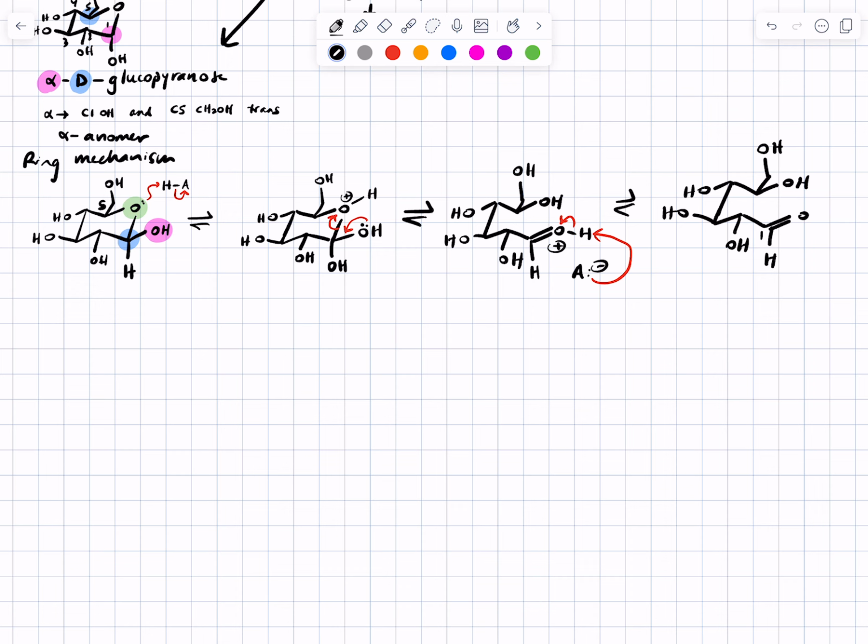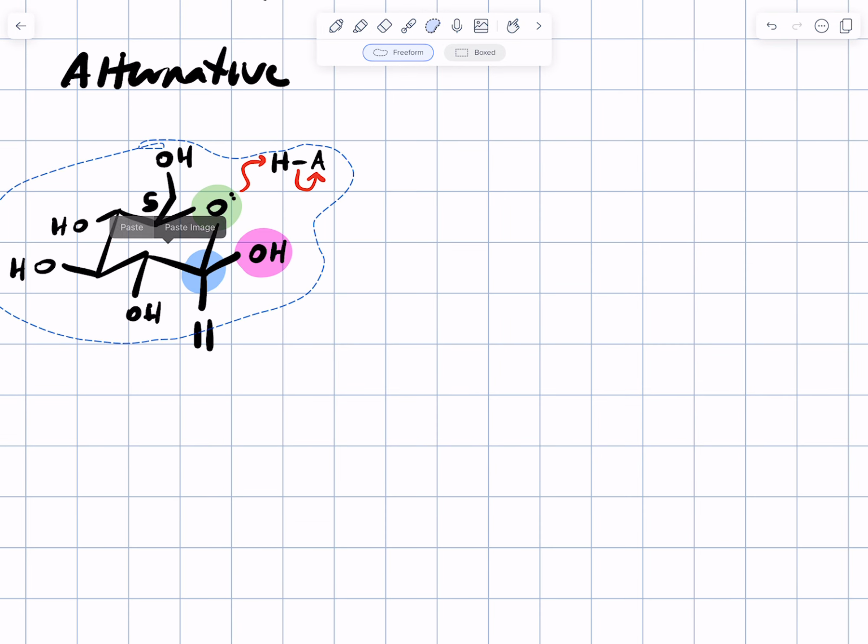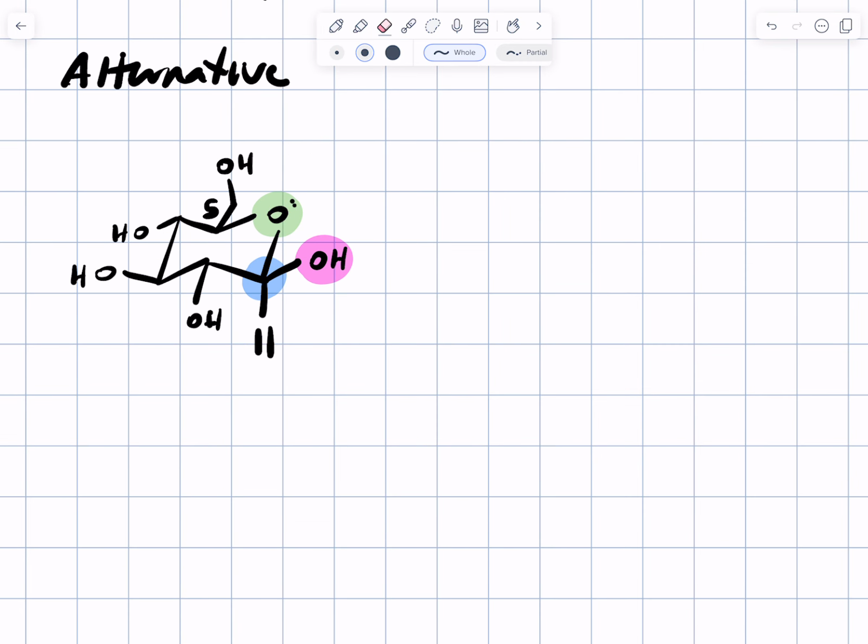Ring opening mechanism. Here's an alternative. If you look at the structure of beta-D-glucopyranose, and if I take this OH group here and then draw the hydrogen out like this, you can sort of see how I've got 1, 2, 3, 4 atoms starting to form a new chair.